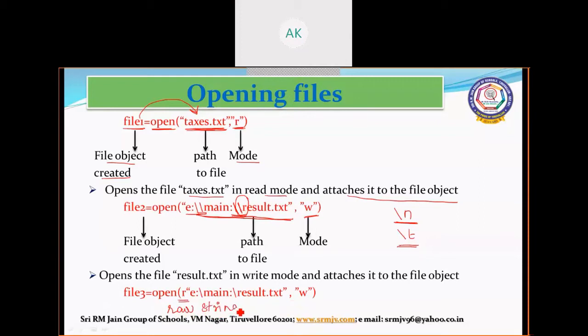The string which you have mentioned in double quotes will be taken as a raw string. It will not be taken as non-graphic characters. So either give a double backslash, or mention a raw string r before the file path.